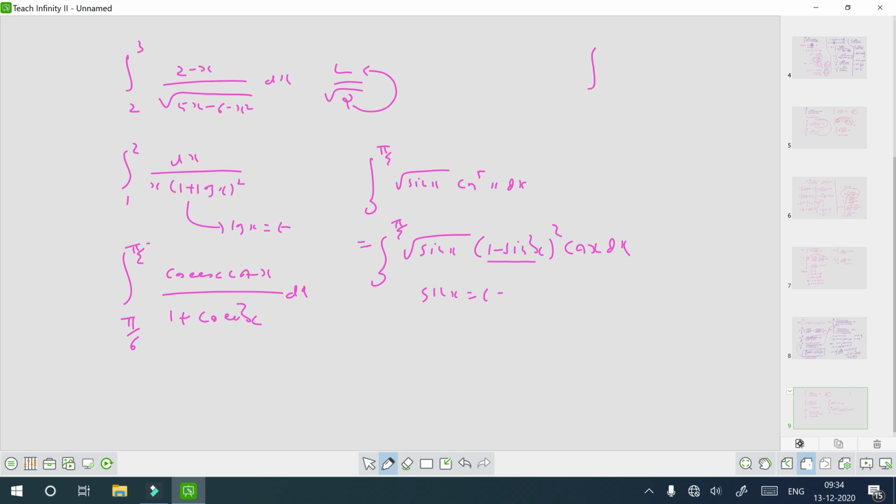Here see, 1 to 2, dx over (x plus 1) into under root of x square minus 1 is given. Clear? So let us see the interesting sum on the next page.